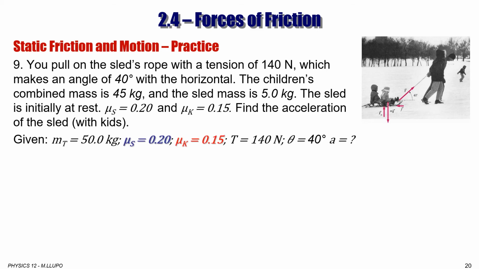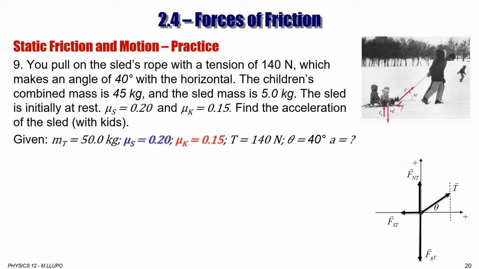So what is given? Total mass, 45 plus 5 makes 50 kg. Coefficient of static friction is 0.20. Coefficient of kinetic friction is 0.15. Tension is 140 Newton. Angle is 40 degrees. And acceleration is needed. As always, we draw a free body diagram. It's a gravitational force total down and normal force total up.